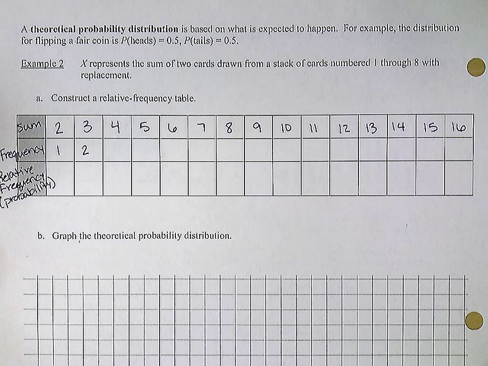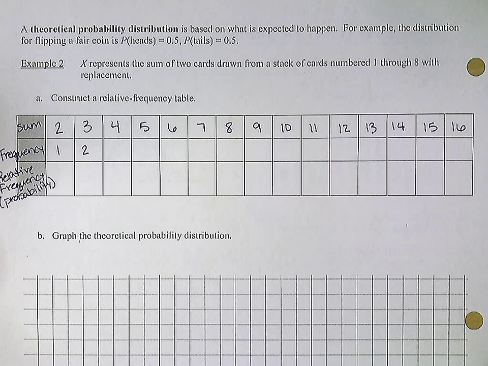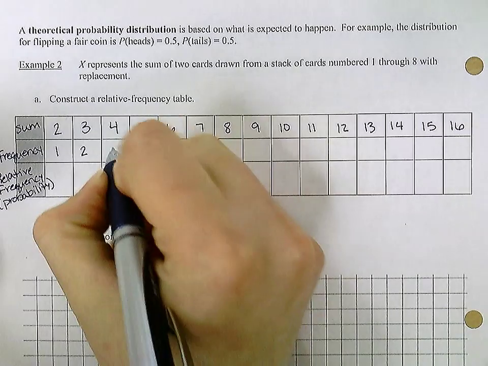Okay, now if I look at a sum of 4. I could draw a 1 and then a 3. I could draw a 3 and then a 1, or I could do a 2 and a 2. But 2 and 2 is the same as 2 and 2, so that only counts as 1, not 2 different ways.